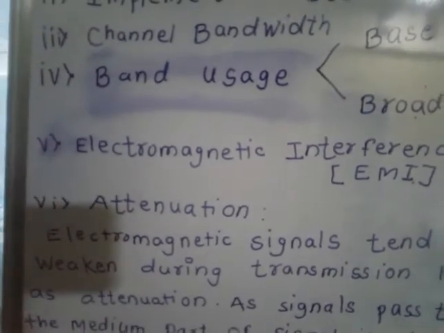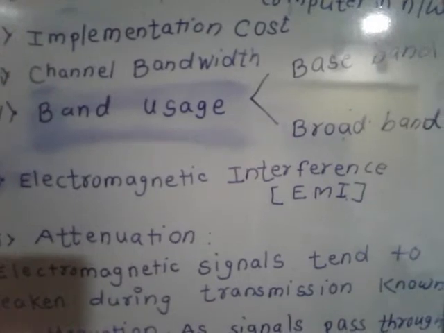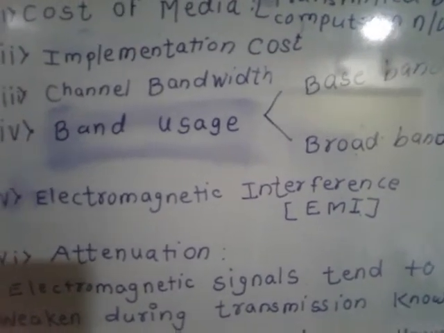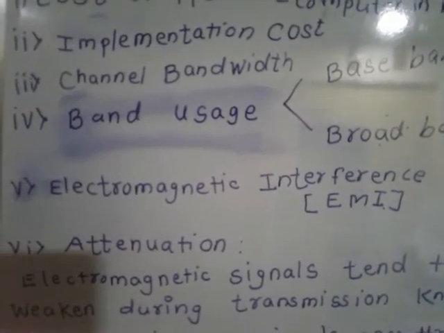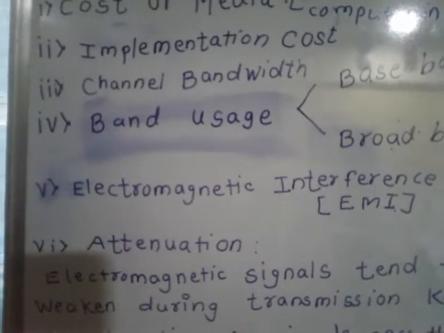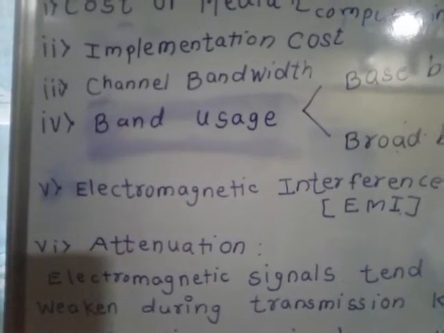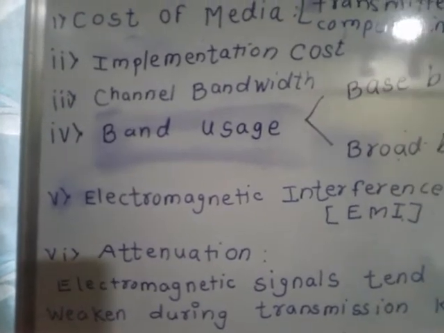You can write down the first point: EMI is caused by outside electromagnetic waves and also unwanted signals produced by various electrical appliances.